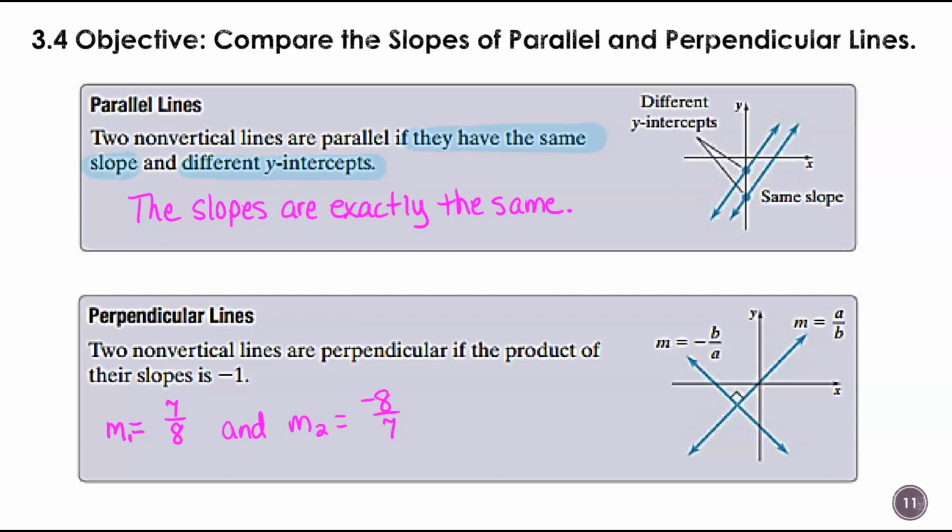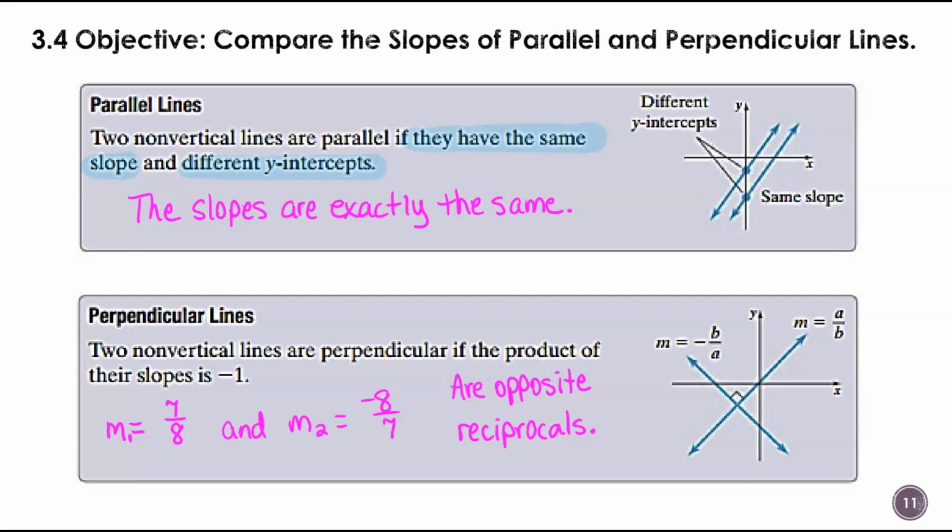Another way is that the slopes of perpendicular lines are opposite reciprocals. Now remember, a reciprocal is where you take 7/8 and flip it upside down to be 8/7.